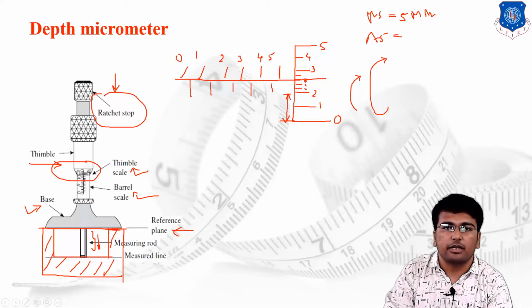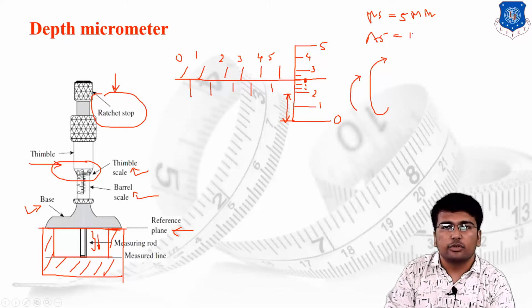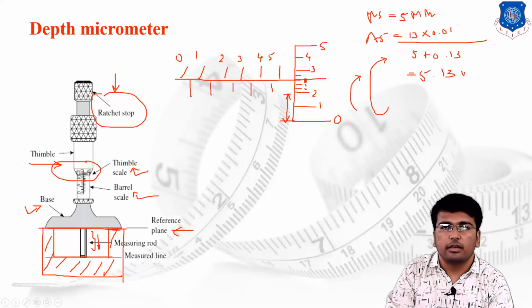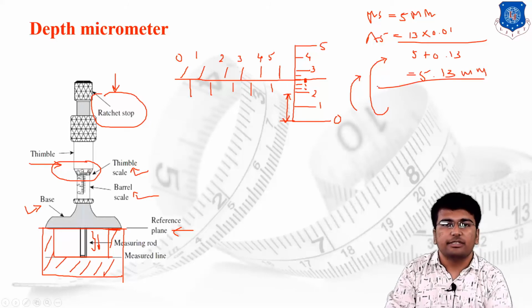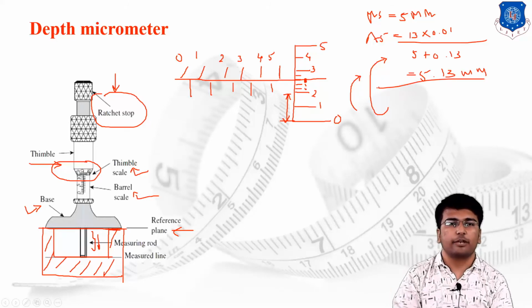Division number 13 makes a horizontal coincidence with the main scale. So here 13 multiplied by 0.01, the least count value, gives 5 plus 0.13. I can say that the final reading will be 5.13 mm. So this is the basic concept of measurement with the micrometer.